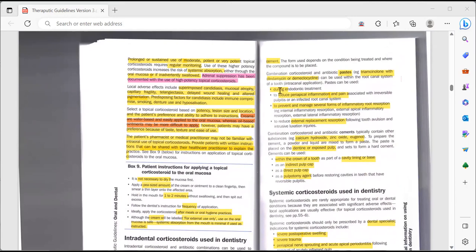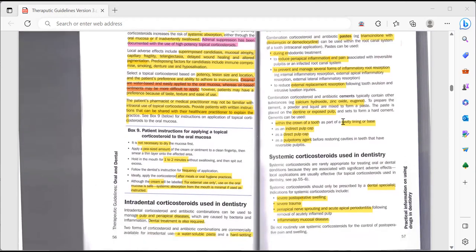We can use it for root canal purposes, to reduce periapical inflammation and pain in irreversible pulpitis or an infected root canal system, and to prevent and manage inflammatory root resorption and external root resorption. Then there is the other form, which is the combination corticosteroid and antibiotic cements.